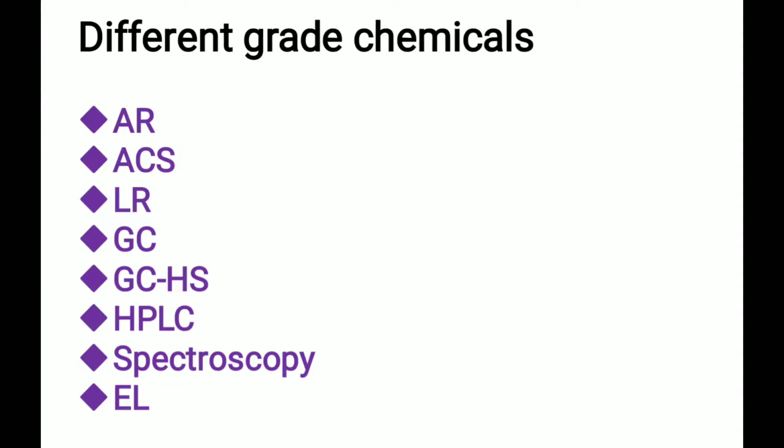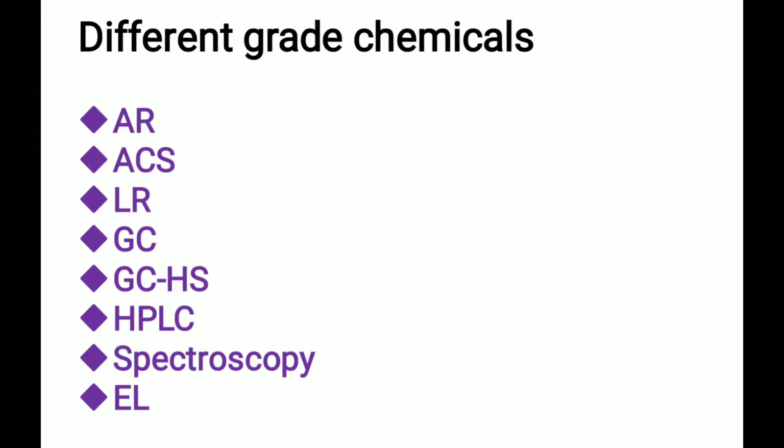So if you go to America, Brazil, or any country in Europe, you will get the same specification of the chemical having ACS grade. This grade has higher purity than the AR grade.